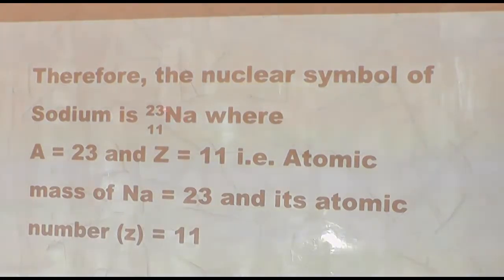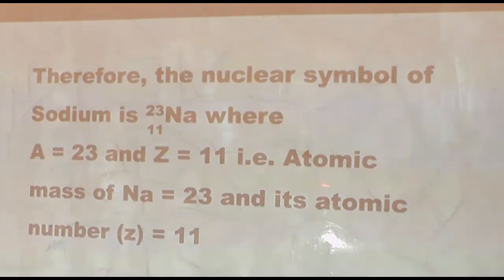The mass number of sodium is 23, while the atomic number is 11. Remember that the atomic number is also the number of protons. Therefore, to get the number of neutrons is very easy. Let's take it: A is equal to 23 and Z is equal to 11.